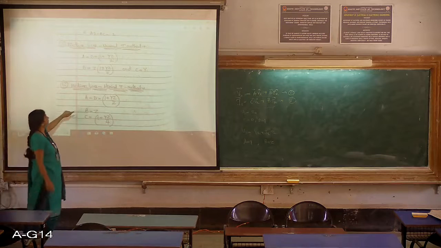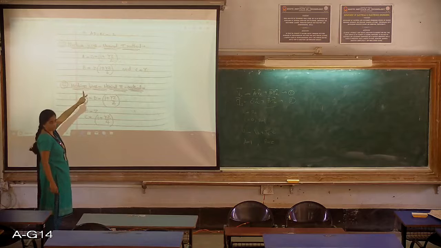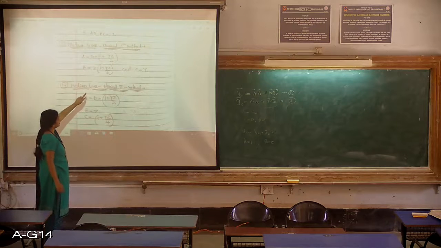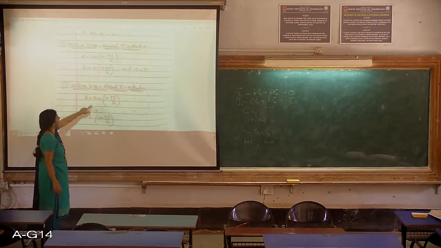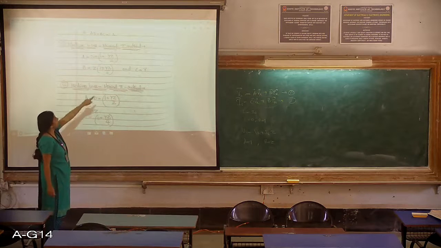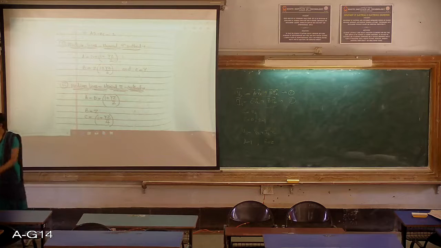For the pi method, your A and D values remain the same, 1 plus YZ by 2. B and C get exchanged. Of course, C is the inverse of B, so B will become Z, and your C will be Y into 1 plus YZ by 4. Clear?